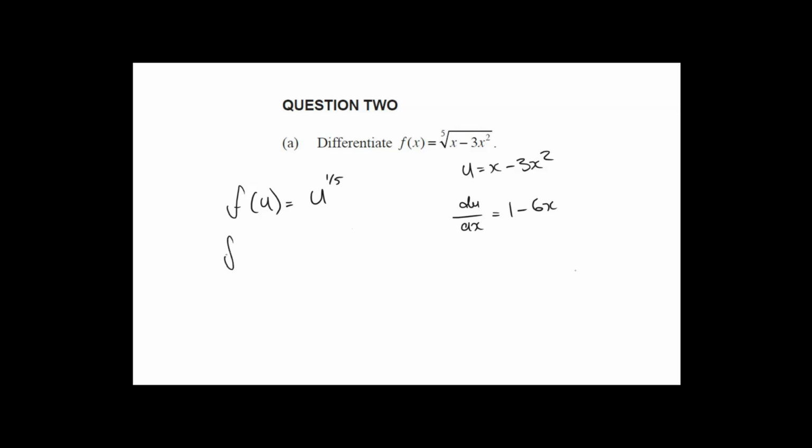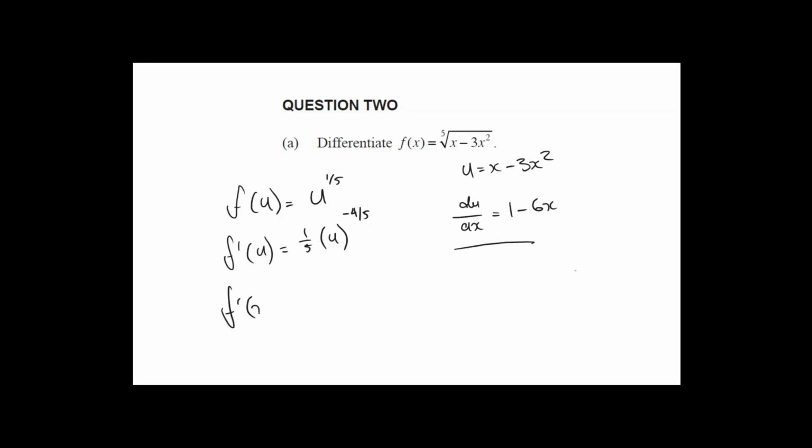So what is f prime of u? Well, it's going to be 1/5 of u to the power of minus 4 over 5. And the chain rule says we have to multiply that by this thing here.